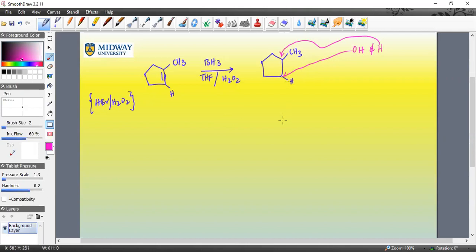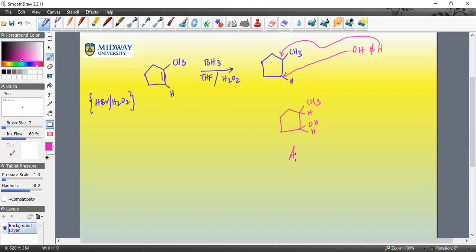So that means our product would be, the hydrogen gets added here and the OH gets added here, right? Very good.